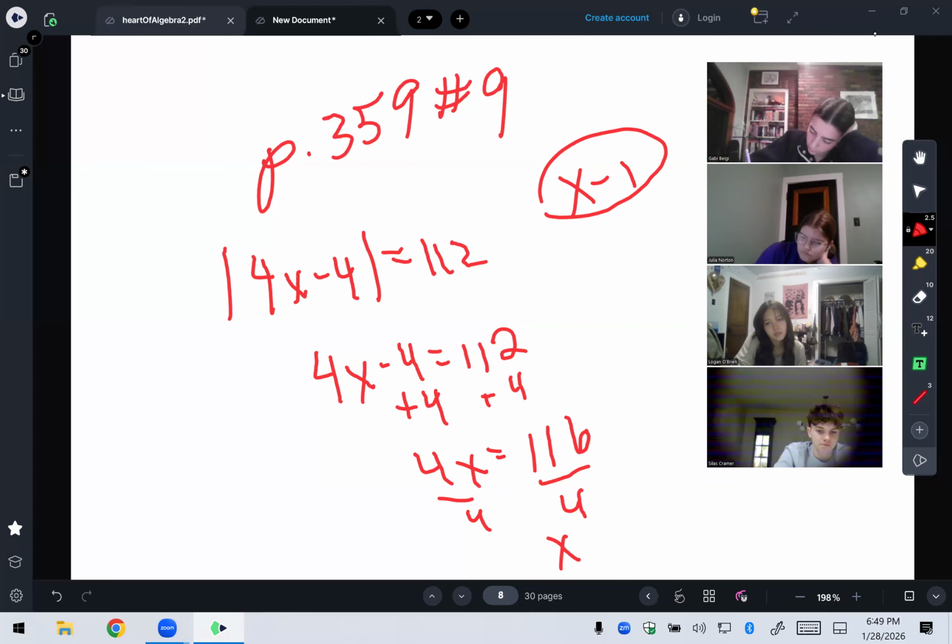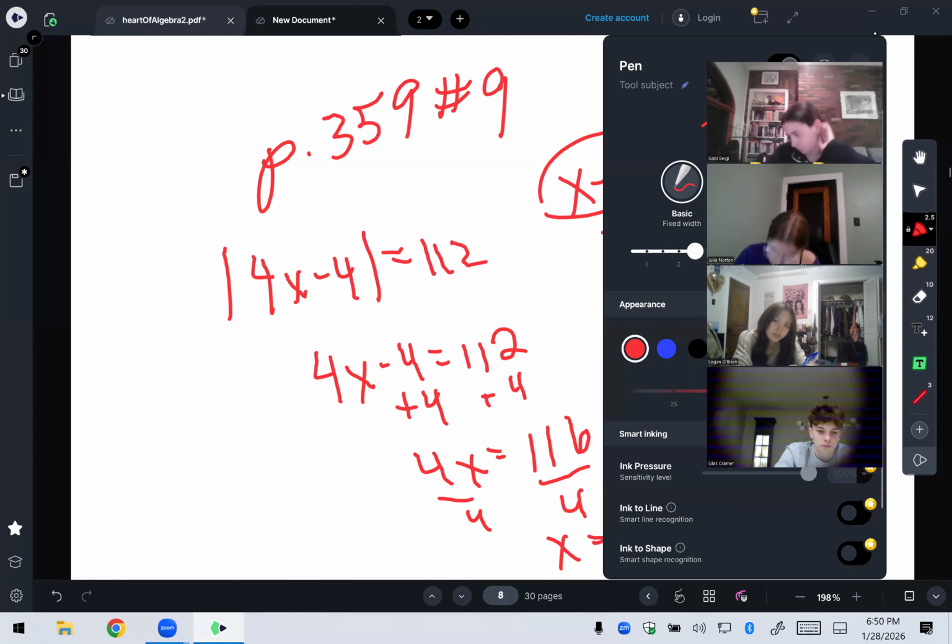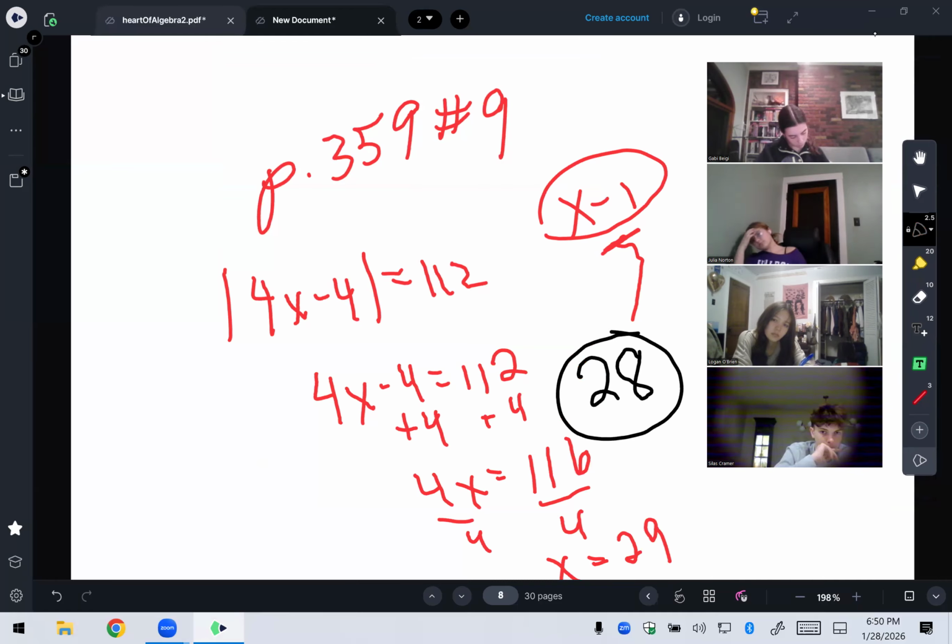Have to be careful here. X is going to equal 29, but I see I could get trapped here so easily. They want x minus 1, so my answer should be 28. How many see that it's 28?